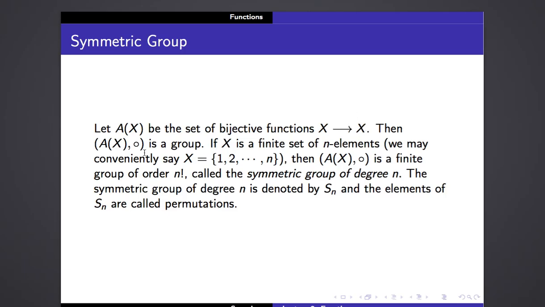Then you can easily see that A of x with functional composition is a group.